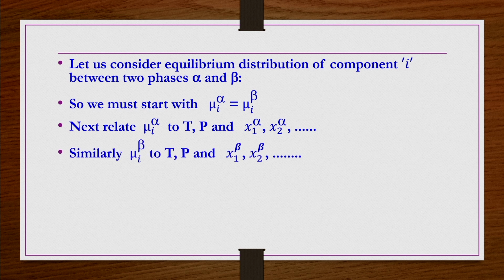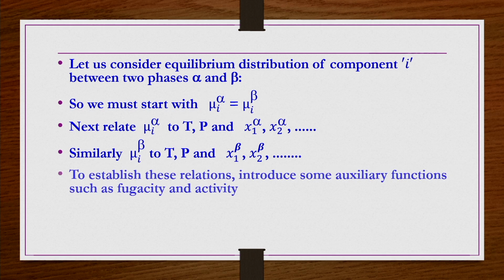Similarly, you have to relate mu i beta to temperature, pressure and x1 beta, x2 beta, x3 beta and so on, depending on the number of components present in that phase, right. This relation you have to make first, then only you can have a physically meaningful and acceptable form of the solution.